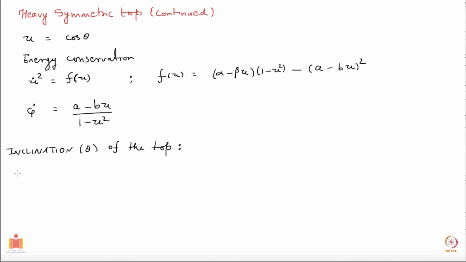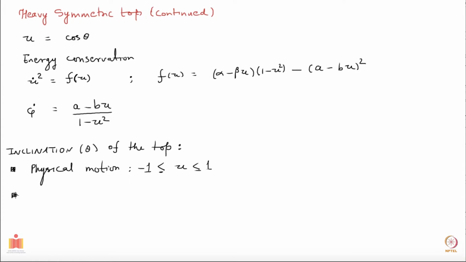So point number 1 is the physical motion. It happens in the range -1 to 1 for the variable u, which corresponds to theta equal to 0 and theta equal to pi. Okay, that's one piece of information we have.